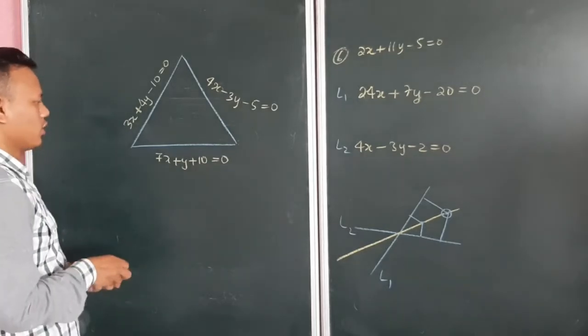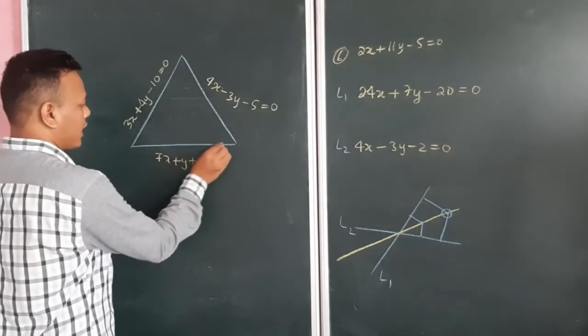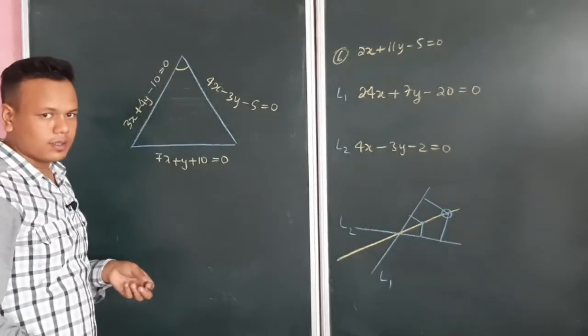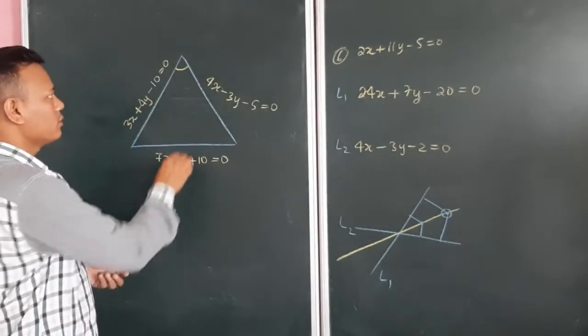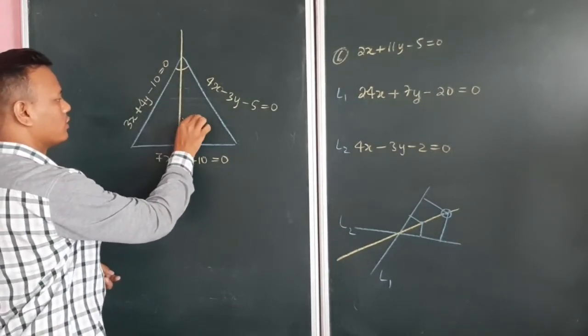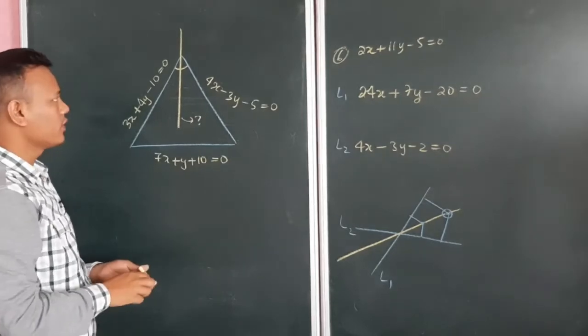Basically this is the side, and the angle opposite to this side is this angle, isn't it? So you need to find the internal bisector of this angle, that is the equation of this line, and it's very simple.